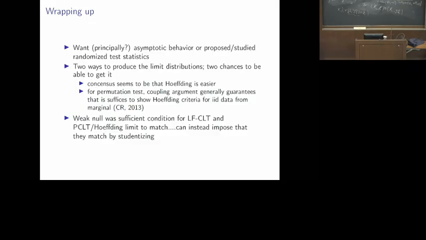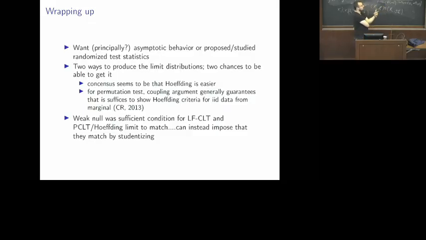For permutation tests, coupling arguments generally guarantee that it suffices to show Hoeffding criteria for IID data from the marginal. That's sort of the message of Chung and Romano. And then the weak null was a sufficient condition for the LFCLT and the PCLT, or the Hoeffding limit, to match. That's a recipe for finding a weak null.